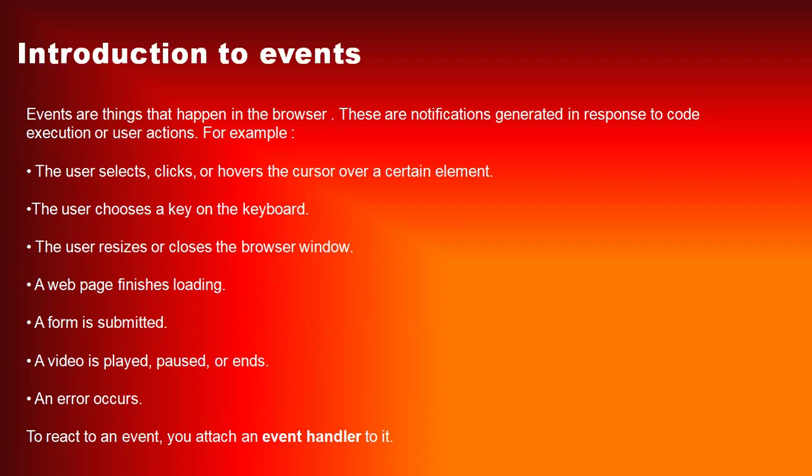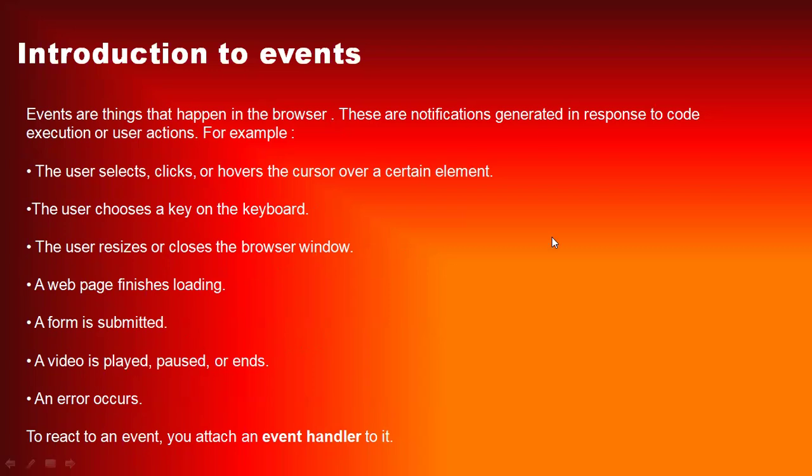For example, we were showing the time, and once every 1 second some event is getting triggered, with which the time changes. Similarly, when the user clicks on a button, it is a user-initiated action, which is also an event. Something like click event, mouse move event, mouse up event, mouse down event, key up event, key down event. All these are different types of events which happen within the web page or the browser.